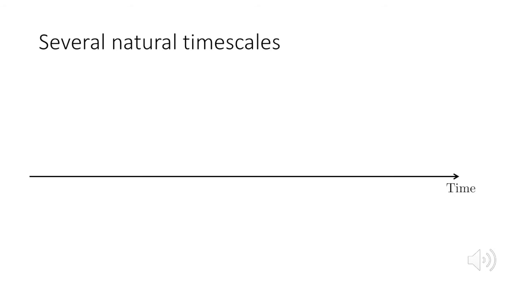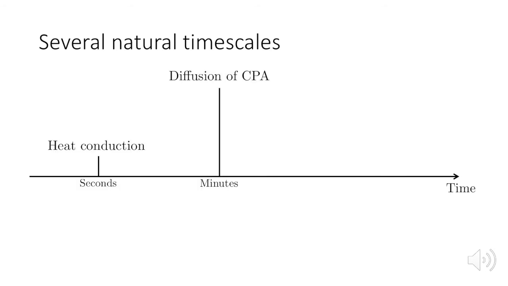In this problem, we have three naturally occurring disparate timescales, which mean that we can analyse the system in this way. These timescales are heat conduction, which occurs over a few seconds, CPA diffusivity, which occurs over a couple of minutes, and cell membrane movement, which occurs over a bit less than an hour.